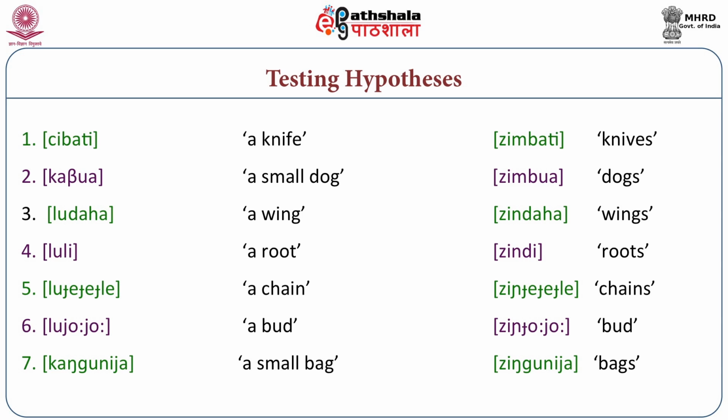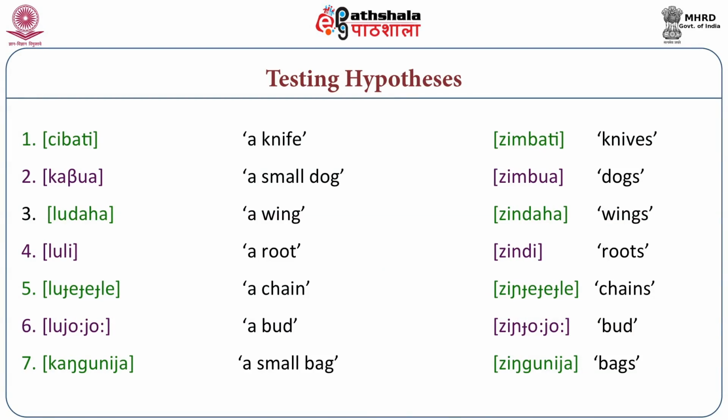So please notice, to repeat, 1, 3, 5 and 7 have stems which are invariant, that is bati and daha and jejele and gunia. But in 2, 4 and 6, that is the even numbered words, there is an alternation in the stem form.